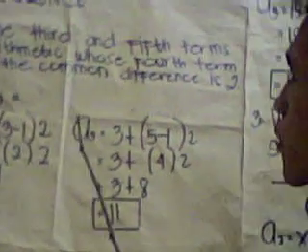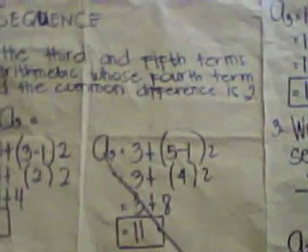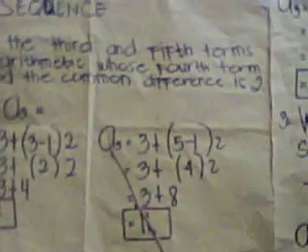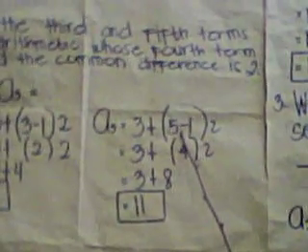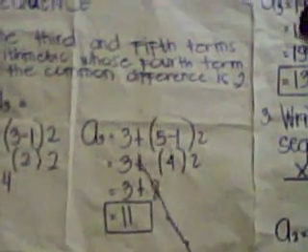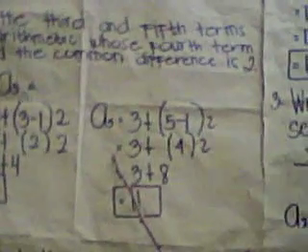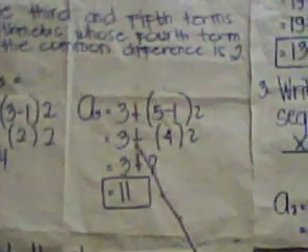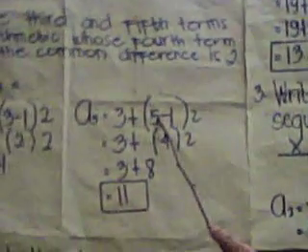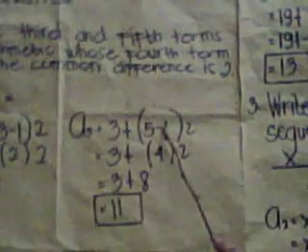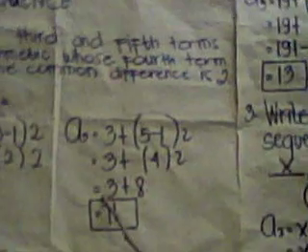Let's proceed to our next solution for the fifth term. A sub 5 is equal to 3 plus open parentheses 5 minus 1 times 2. Bring down the 3 and a positive sign, and in parentheses 4, because 5 minus 1 is equal to 4, times 2.